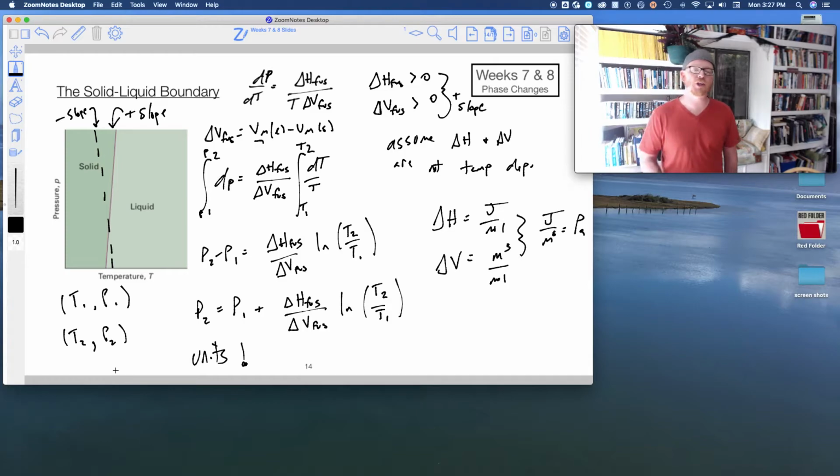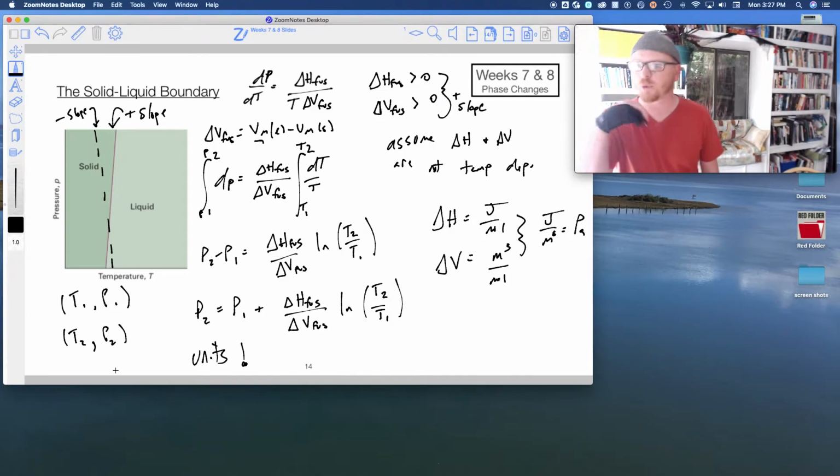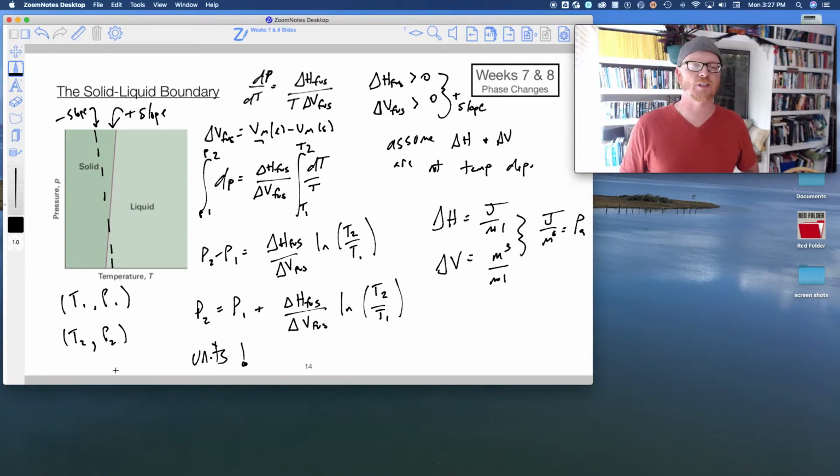So if you recall in general chemistry, when you didn't use this equation, you actually used the solid or the liquid vapor equation. You would typically pick things that are known. So for example, if you want to calculate P2, you have to say, well, I want to know P2 at some T2, right?